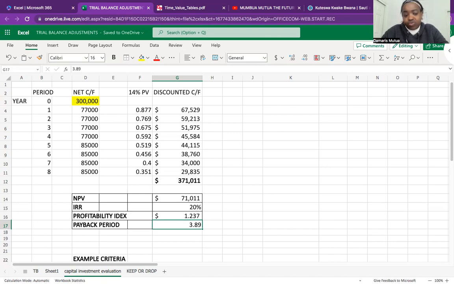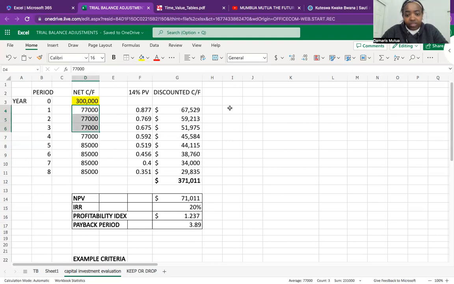So how many years will it take to recoup the 300,000? If we sum up our net inflows at year 3, we'll have recovered 231. At year 4, 308. So it's going to take between 3 and 4 years to get our original investment.